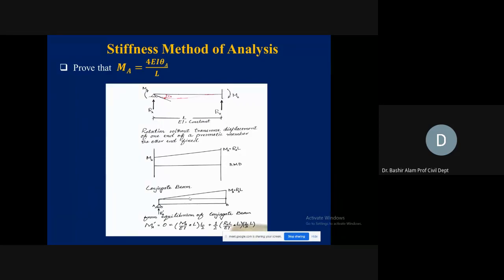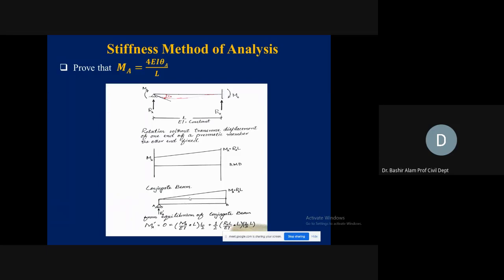Now, if you look at this wide screen, at the left we have a hinge support, which is support A. At the right, we have a fixed support, which is support B. What is happening there? Rotation without transverse displacement of one end of a prismatic member, the other end fixed.